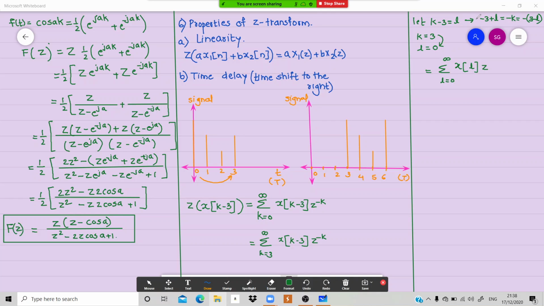If you take the minus sign common, it will be 3 minus L. So we'll try to substitute that. You are going to have Z raised to minus 3 minus L. Correct? So if I take this Z raised to minus 3 common out, you are going to have summation L equal to 0 to infinity X(L) and Z raised to minus L.